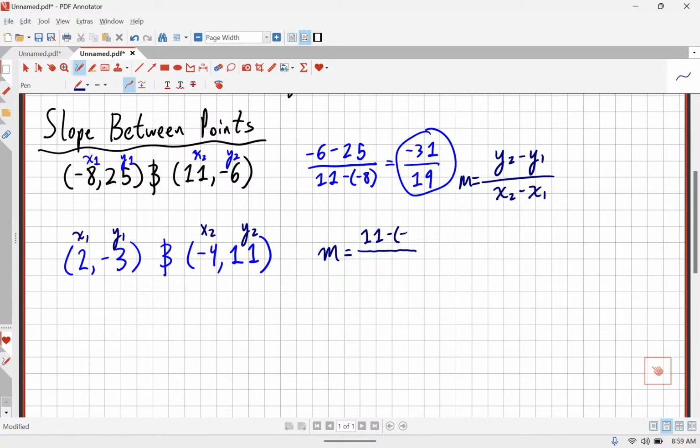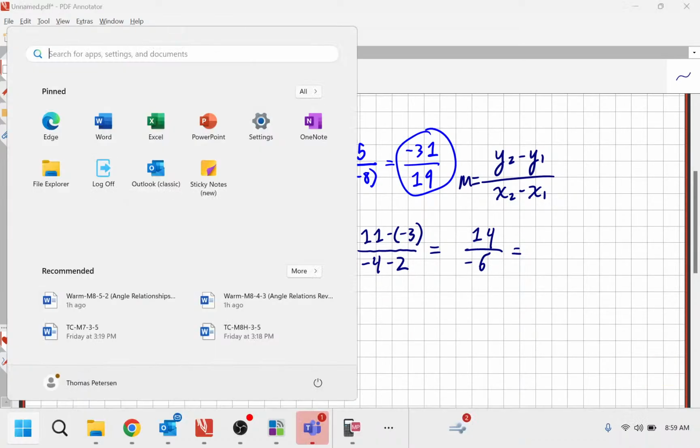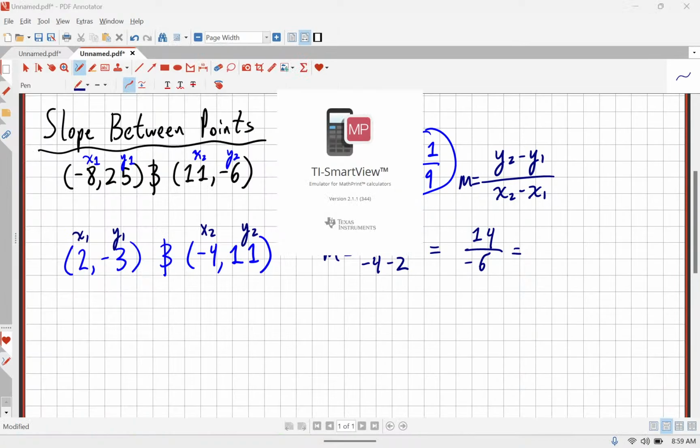You see how it's 11 minus -3? That's okay. Go ahead and punch that in and see what you get instead. I actually love that you're simplifying this as we go, by the way. 14. Okay, very good. And what did you put in the denominator? And what's that? -6. Perfect. Now this is something we can put in our calculator.